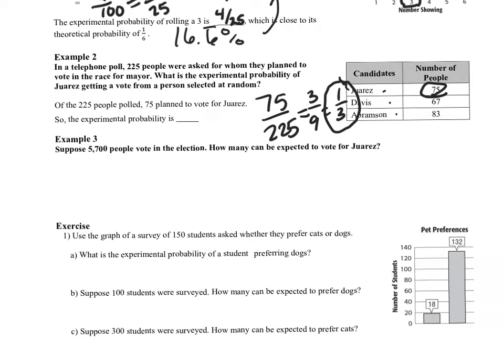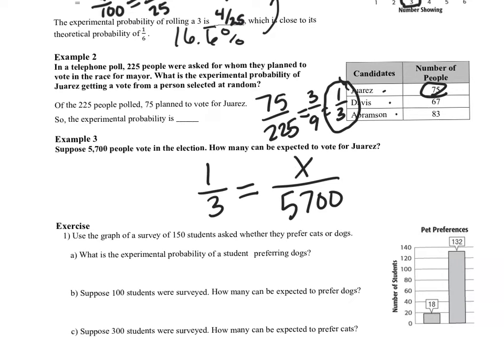Yes. Now here's where we're going to get into applying this. We're going to apply it to proportions. So suppose 5,700 people vote in the election. How many can be expected to vote for Juarez? Well, if 1/3 of the population votes for Juarez, because that's what voted in the first part, right? Then how many out of 5,700? So 1 out of 3 vote for him. How many out of 5,700?